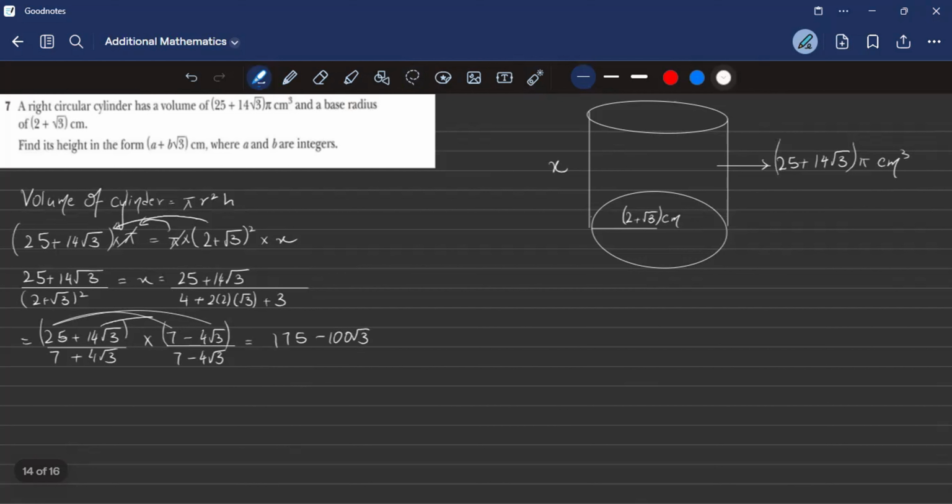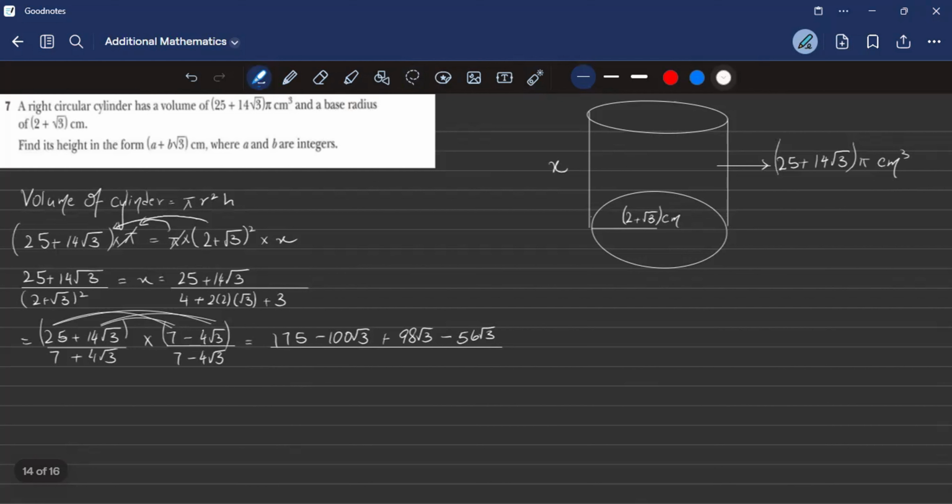Inner value multiplied by the inner value, 7 multiplied by 14. 7 multiplied by 14 is equals to what? 98. So this is going to give us plus 98 under root 3. The last value multiplied by the last value is going to give us 14 multiplied by 4, 56. So minus 56.